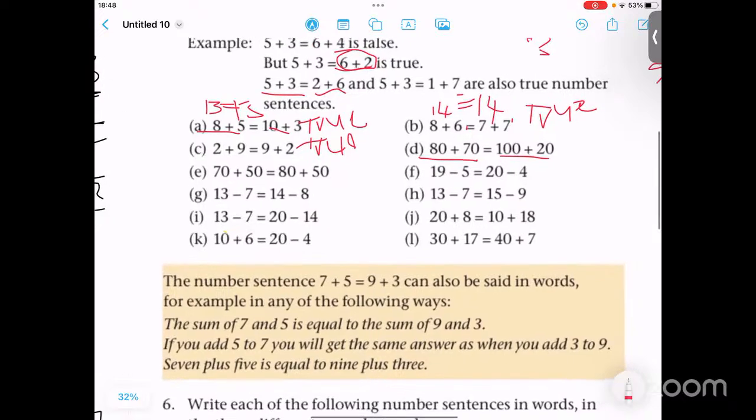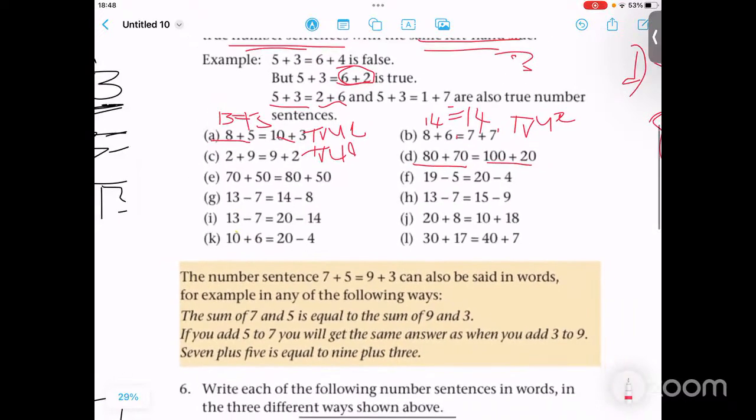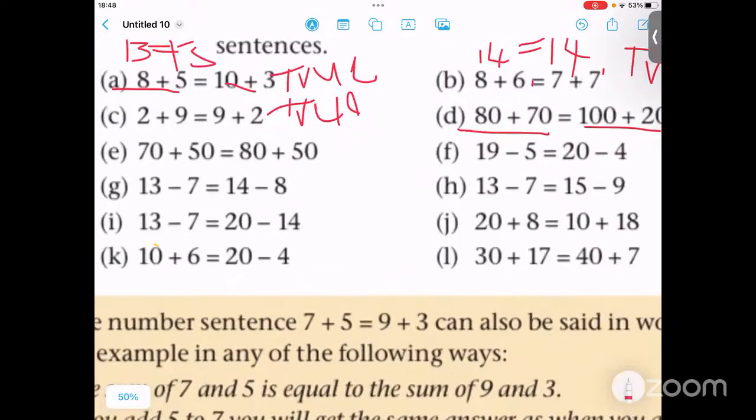No, ma'am. And what do you get when you add 70 and 50? 120. And then how much do you get when you add 80 and 50? 130.